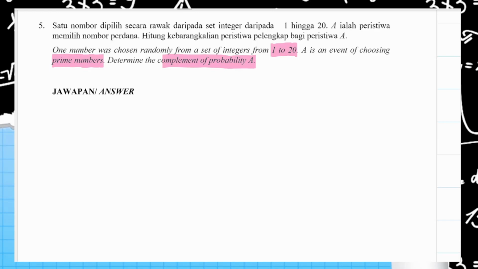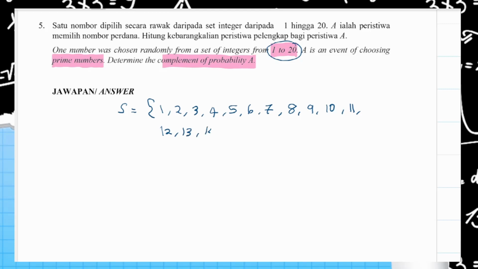Your first step is to write our sample space. So S equal to, open the bracket. The number is from 1 to 20, so write all the numbers: 1, 2, 3, 4, 5, 6, 7, 8, 9, 10, 11, 12, 13, 14, 15, 16, 17, 18, 19, 20.